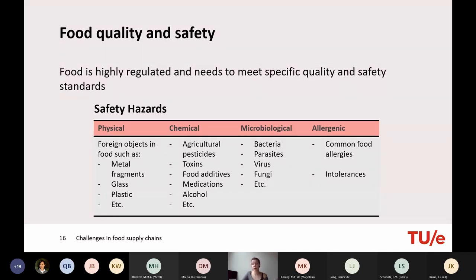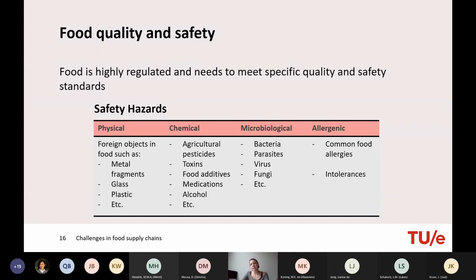Then there are microbiological safety hazards like bacteria, parasites, viruses, and fungi. A lot of these things are related to the degradation of food as well, and this may increase over time throughout our supply chain, as we experience bacteria growth or fungi growth, or because products get contaminated.